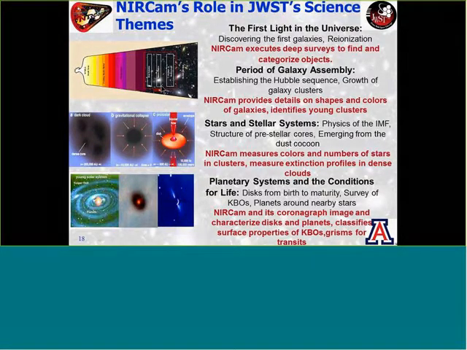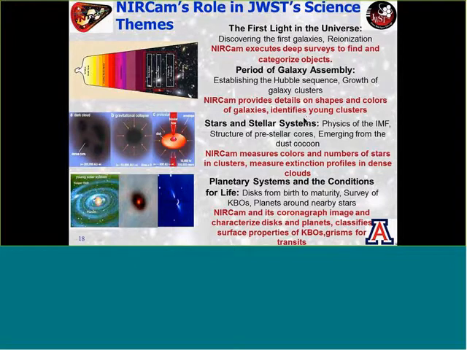There are 4 science themes that JWST's performance is benchmarked against. Looking for the first light in the universe, which one really ought to think of as the first stellar agglomerations. The period of galaxy assembly, which you can think of as how galaxy clusters grow, how the Hubble sequence gets established, and so on.